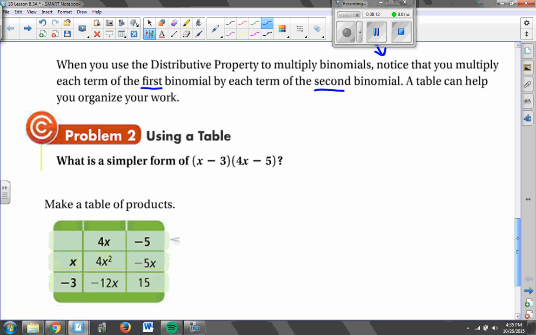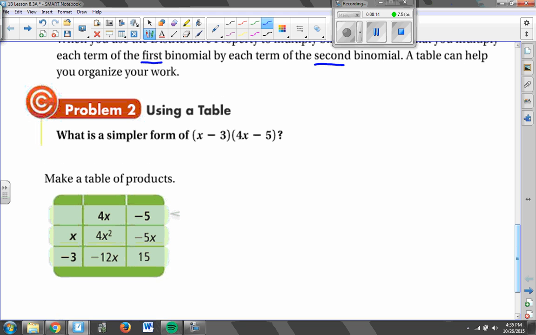For example, if we are asked to write a simpler form of x minus 3 times 4x minus 5, both of those in parentheses, if we look at what we have to multiply, essentially we're going to multiply both pieces in the front by 4x, both pieces in that first parentheses, and they have done that right here.